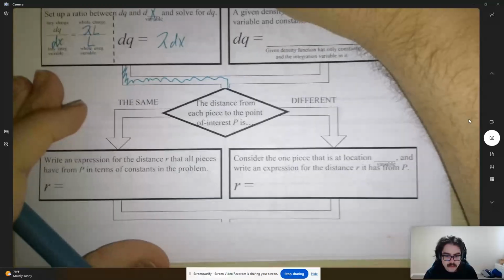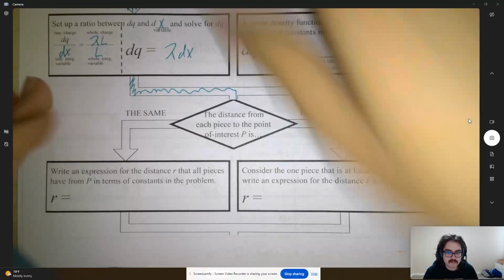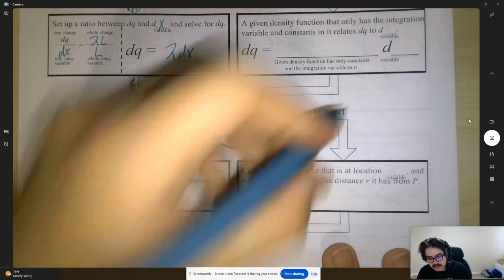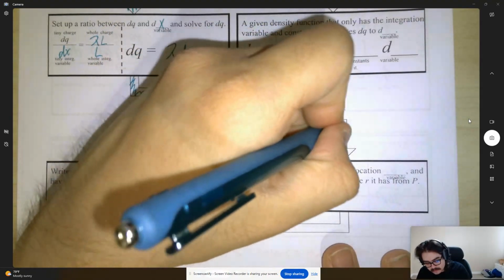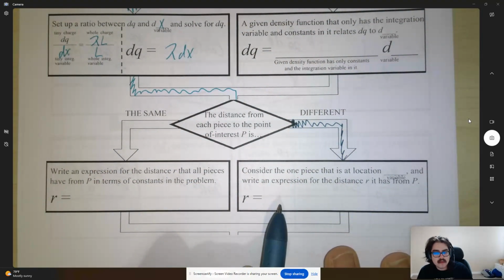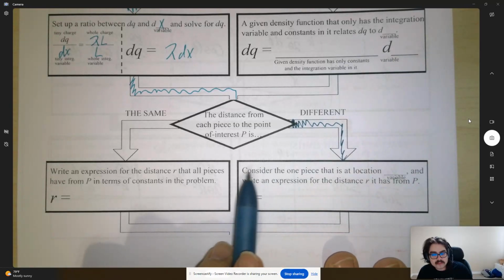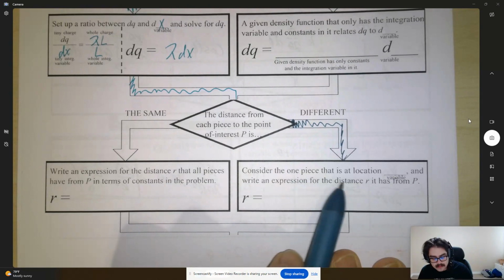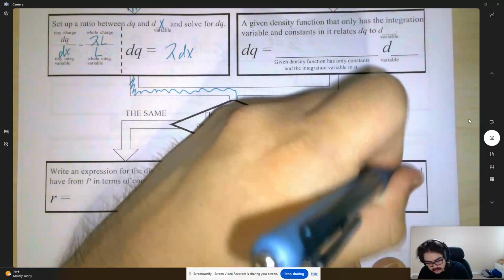The distance from each piece to the point of interest P is going to be different. So this is where it differs from the ring, or the arc, I mean, sorry. Consider the one piece, I always consider the one piece, that is at location x.